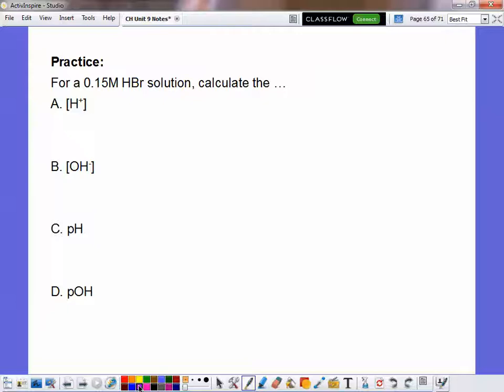We know it's an acid because it begins with H. The concentration of H plus will equal the concentration of our acid, because HBr has H plus in it. So that's going to equal the concentration of my H plus. Therefore, my H plus concentration for this problem is 0.15 molar.